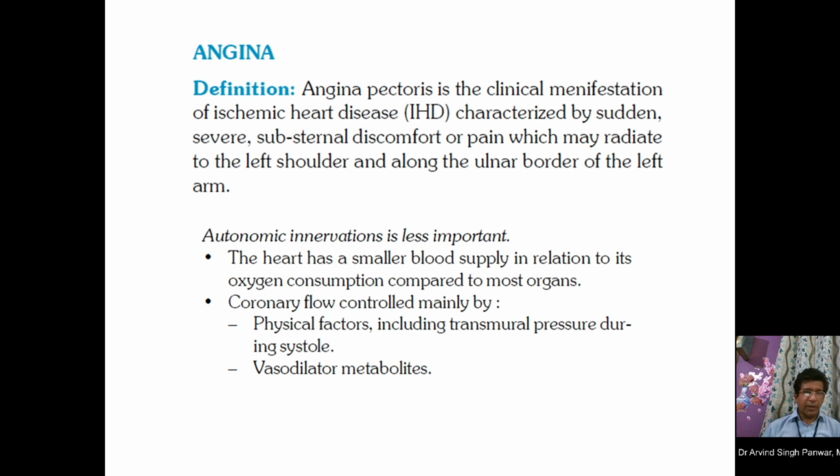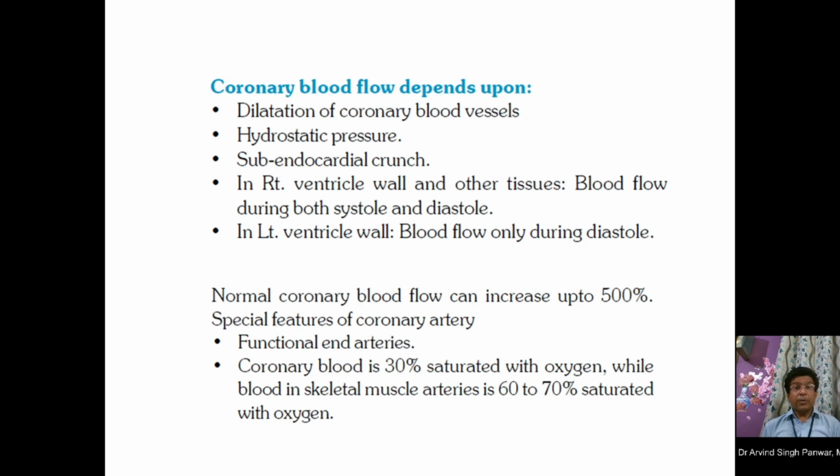When we talk about coronary flow, it is controlled mainly by physical factors that include transmural pressure during systole, vasodilator metabolites, dilatation of the coronary blood vessels, hydrostatic pressure, and subendocardial crunch. In the left ventricle wall and other tissue, blood flows during both systole and diastole, but in the left ventricle wall blood flows only during diastole.